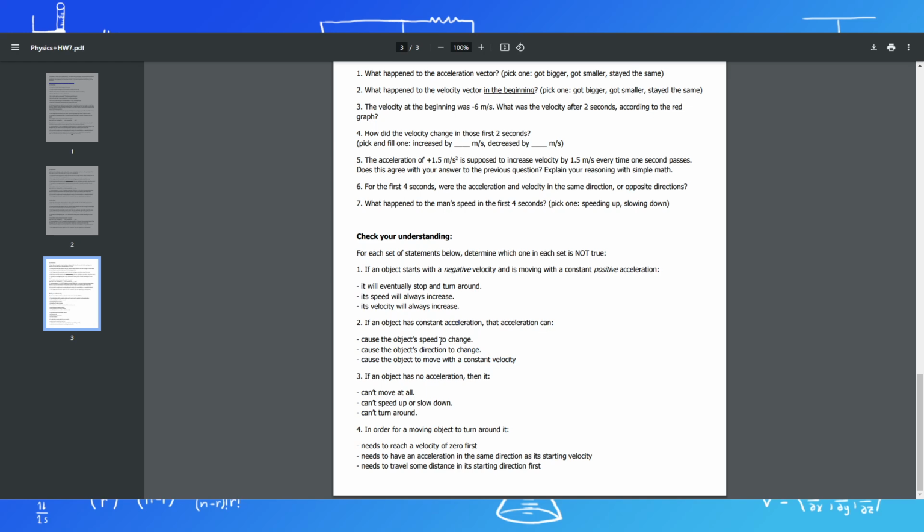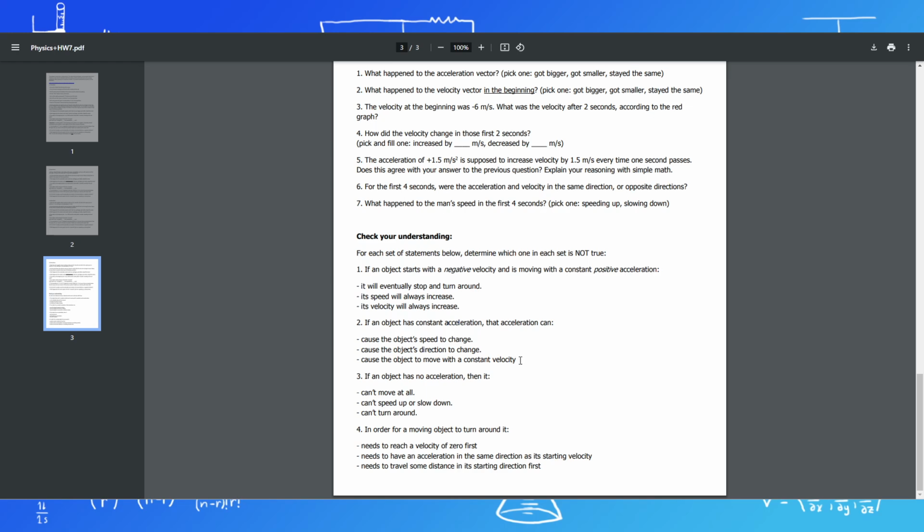The acceleration can cause a change in the object's speed. Doesn't have to, it just can. Be careful with the wording. And it can cause the object's direction to change. It could cause a change in one and not in the other. But the point is, an acceleration can cause either of those first 2 things, but there is no way that an object can have a constant acceleration and have the object move with a constant velocity.